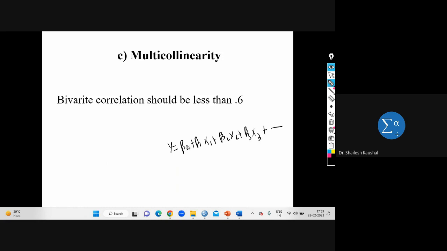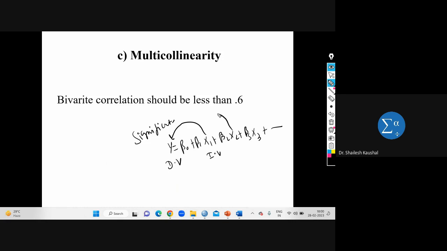In a multiple regression analysis or any other predictive technique, we want the relationship between independent variable x and dependent variable y should be significant.